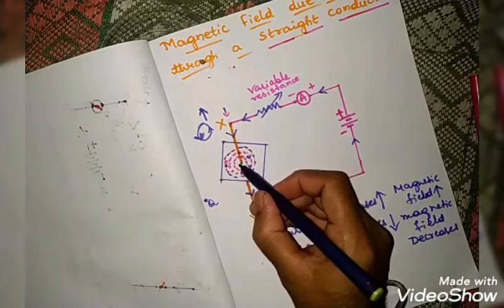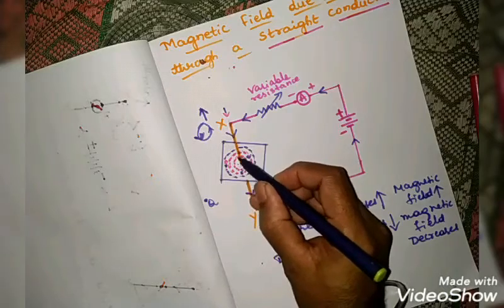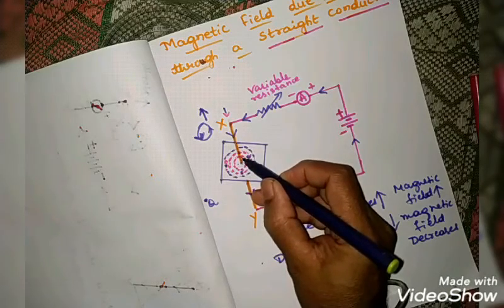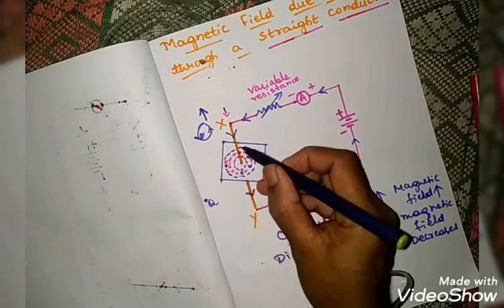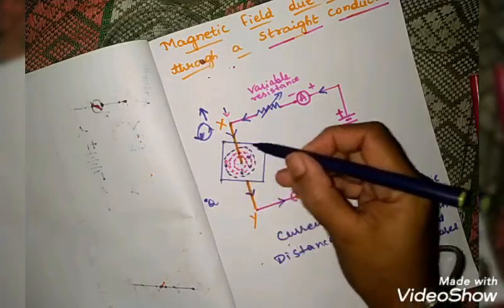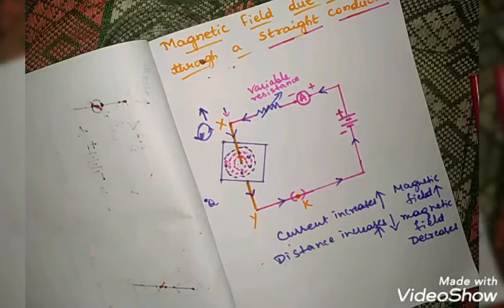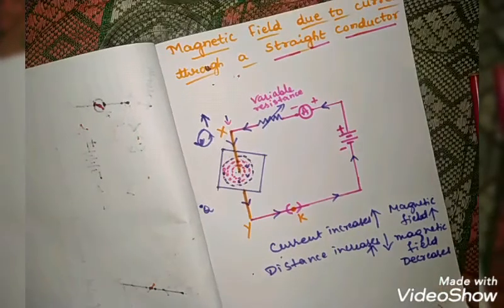Children, at this point, if you see the deflection, the concentric circles will be this much only. If you are at this point, the concentric circles become larger and larger. Their radius becomes more and more as we move away from the straight conductor. So, these are the factors it depends upon.